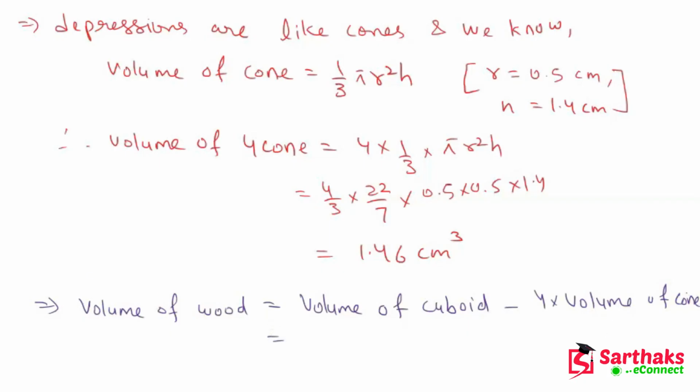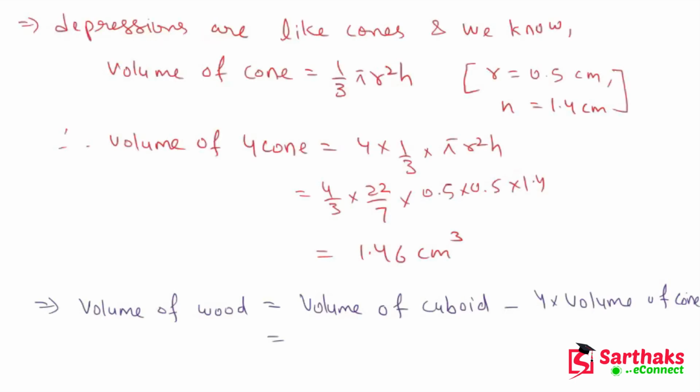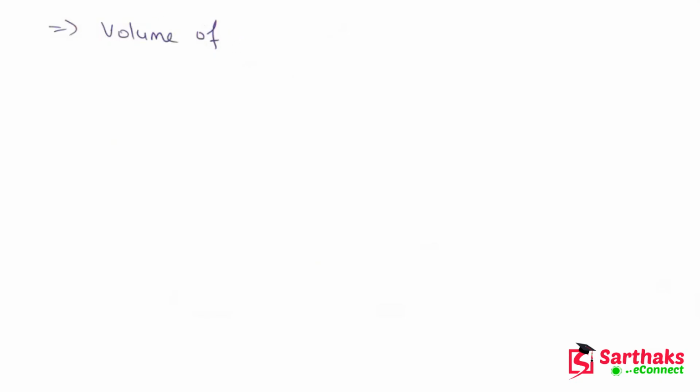The volume of the cuboid is 525. So the volume of the wooden part is equal to 525 minus the volume of 4 cones, which is 1.46. So this will become 523.54 centimeter cube. So this is our correct answer. I hope, my dear friends, you understand these things.